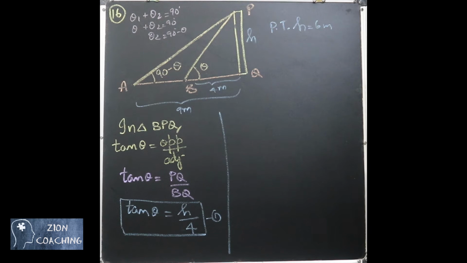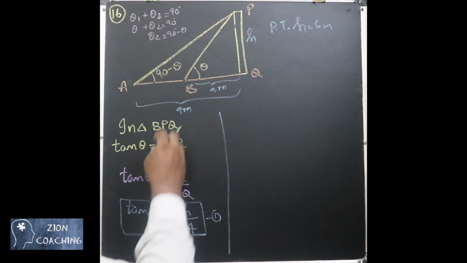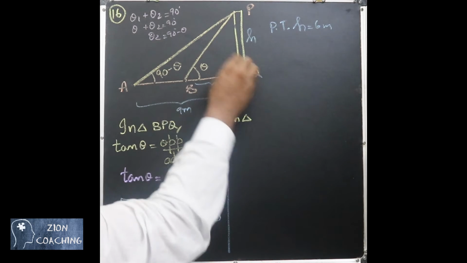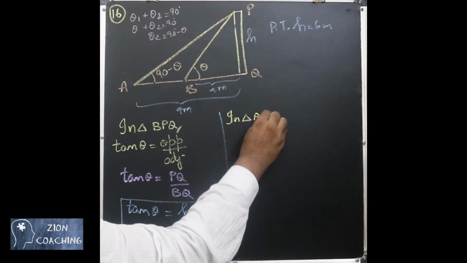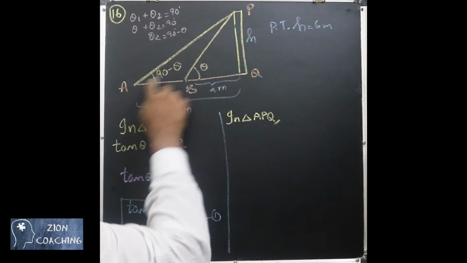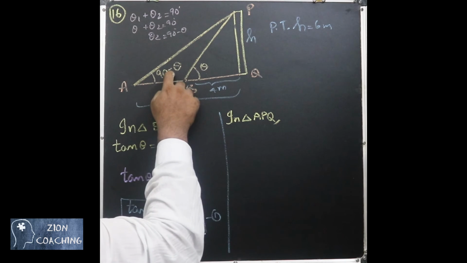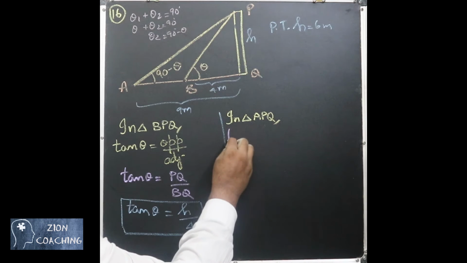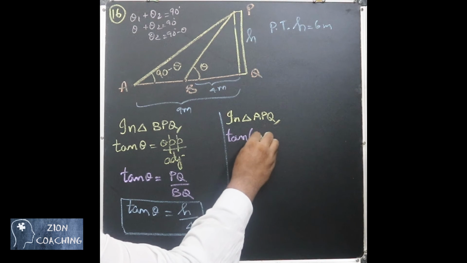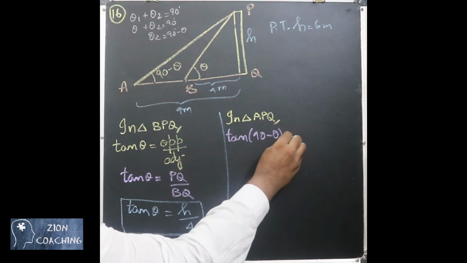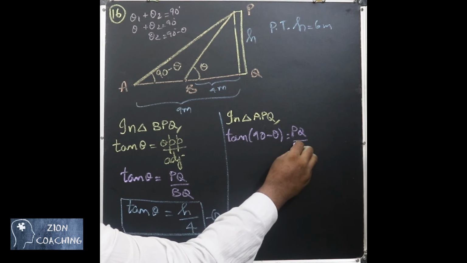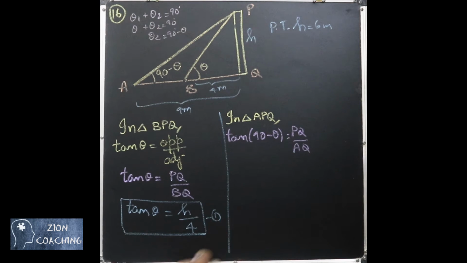Now considering the bigger triangle, in triangle APQ, again we are going to relate the opposite side and the adjacent side, but now the angle alone is changing. So we are going to have tan 90 minus theta equal to opposite side PQ, adjacent side AQ.